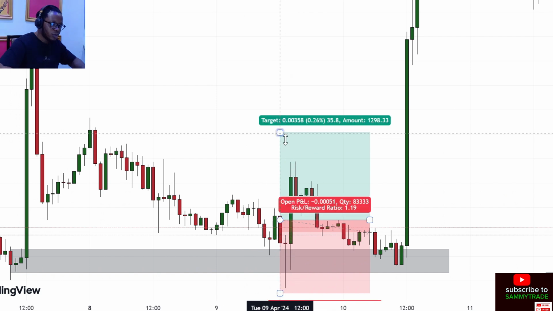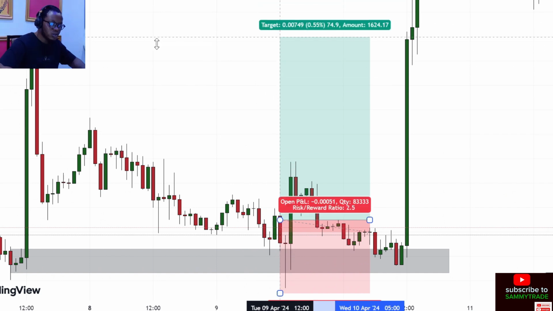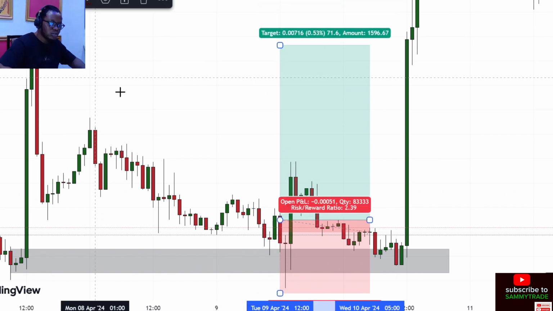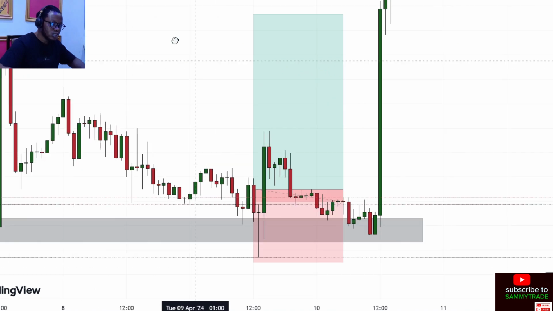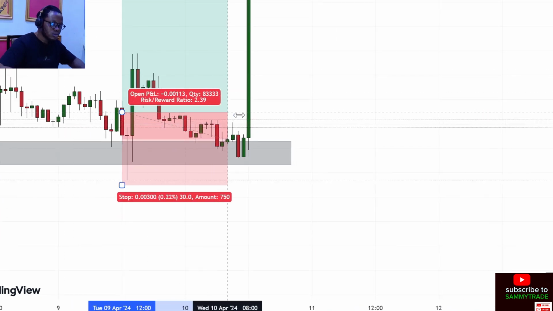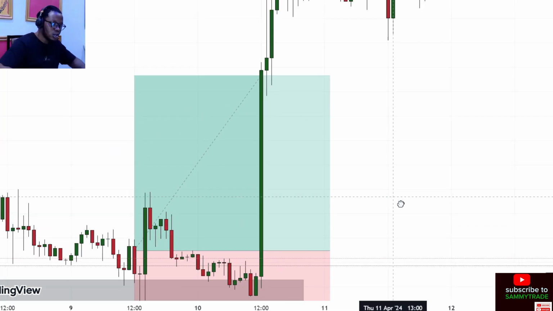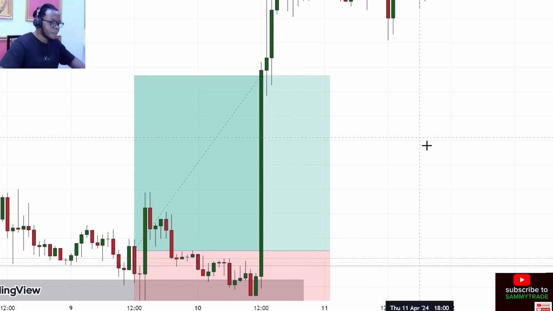Then you set your take profit at the next supply zone, which is right here. As you can see, it played out perfectly well. So go out there and backtest this. Try this out.